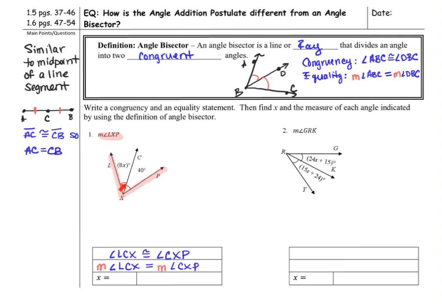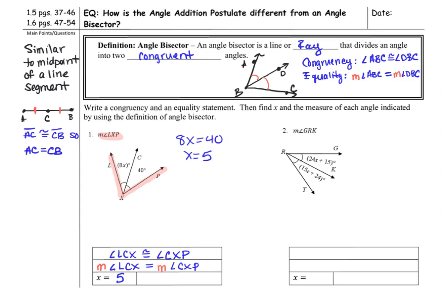So because they're being bisected by a ray, and the two arc marks mean that the angles are equal, then to solve this, all I have to do is set 8x equal to 40. So 8x is equal to 40. When you divide by 8, you get x is equal to 5. So we'll just go ahead and write that down below.